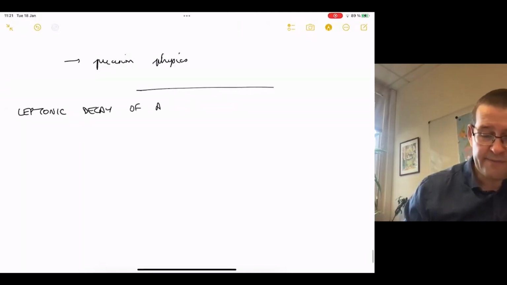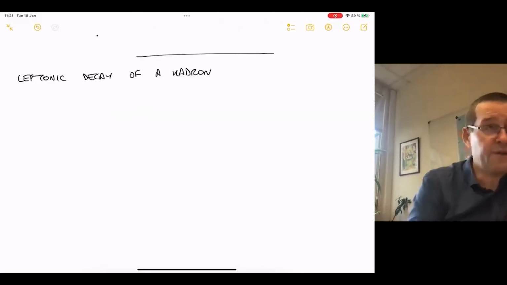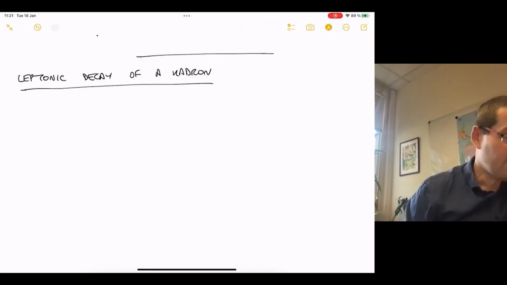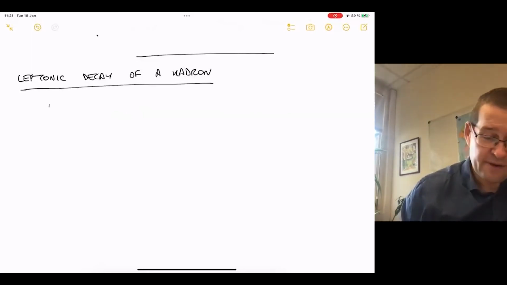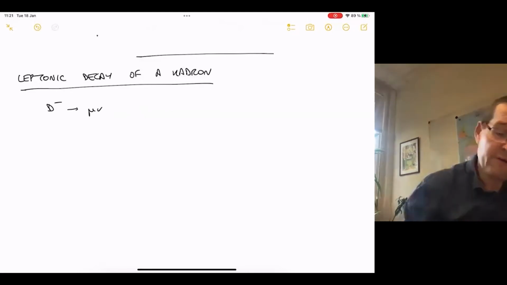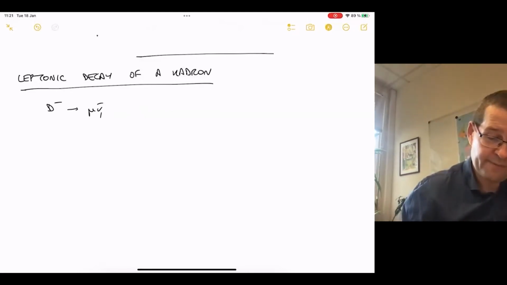So the first version, and that's quite an easy thing, is the leptonic decay of a hadron. So that's probably the simplest version of the problem you can imagine. So I could take whatever I want. Okay, let's take D minus, so a charm meson decaying into a muon and a neutrino.